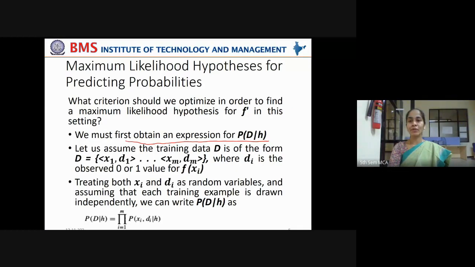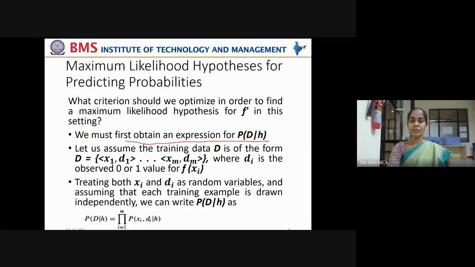Probability of observing certain training examples, observing certain patients' data, given the hypothesis that 92% survive and 8% do not survive. Now you take a new data point. Is it in accordance with the problem statement that is made? The hypothesis that is made? That is probability of D given H.